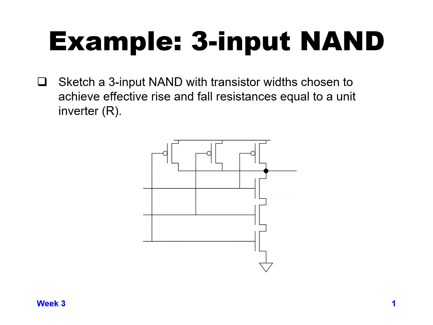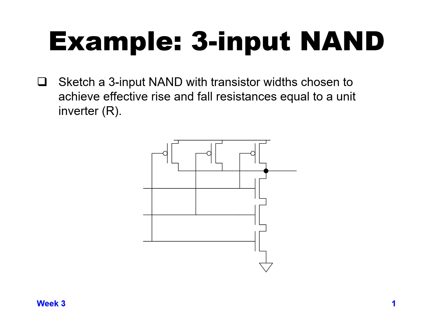This is what your 3-input NAND gate would look like. So now we have the NMOS devices and the PMOS devices. Now, if we want to size the NMOS devices such that there would be an equal resistance to an inverter down to ground, we would need to make sure previously our inverter down to ground had a unit resistance of 1, and we want to keep that the same.